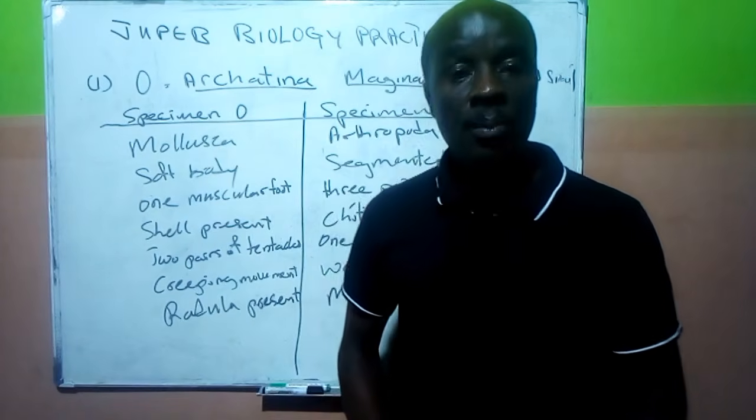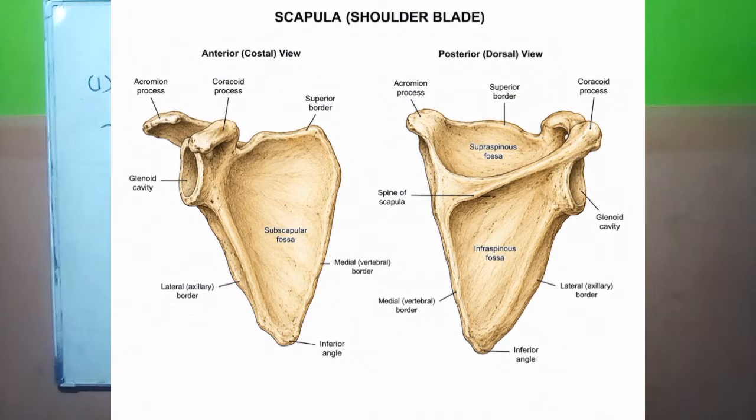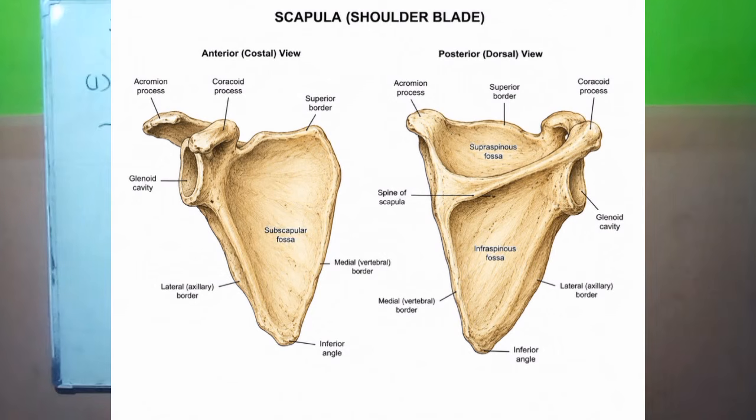It also protects the posterior part of the rib cage. It also allows the movement of the joints. It also helps the shoulder to maintain stability.